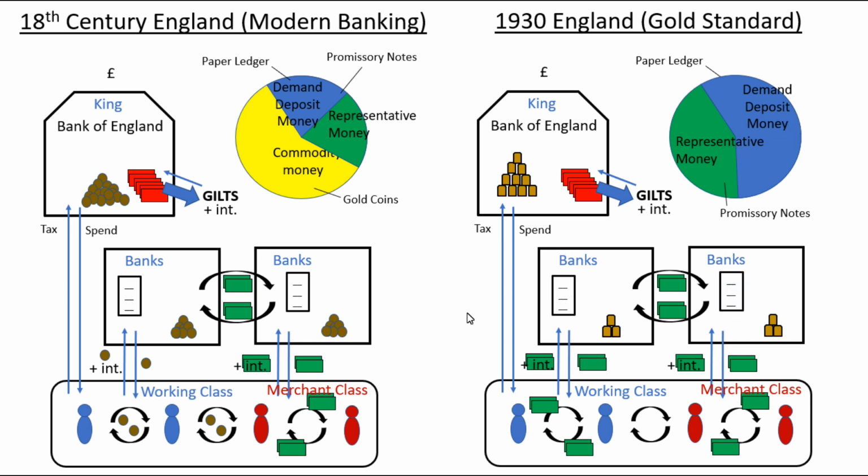Now, it's hard to define at what moment fractional reserve banking finished, and we got to this system where there's essentially no reserve banking, because the amount of money in the money supply far exceeds the actual gold that's stored to replace it. And actually, the majority of the money supply now is demand deposit money.